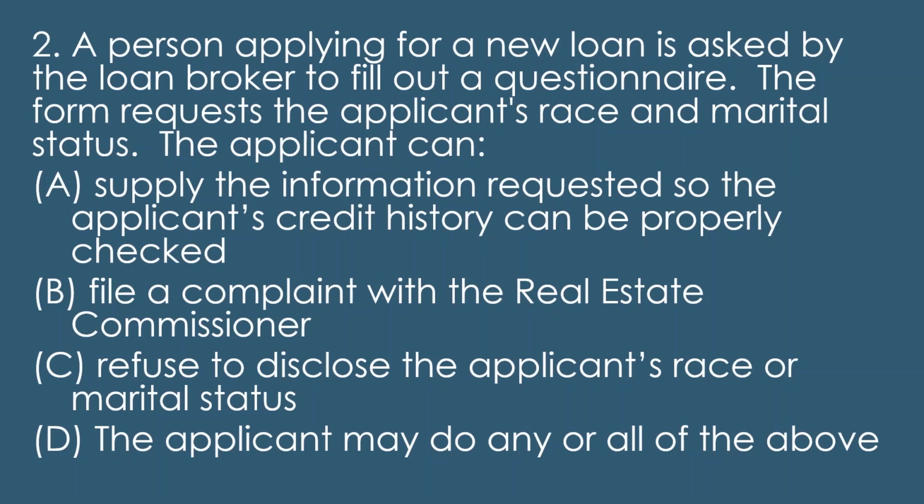It's illegal for the loan broker to ask for an applicant's race or marital status. That's something they cannot use to make decisions. Due to that, the applicant can refuse to disclose that information. That is completely legal. And the applicant can also file a complaint on the federal level with HUD, the Department of Housing and Urban Development. That is where you would issue complaints regarding discrimination.